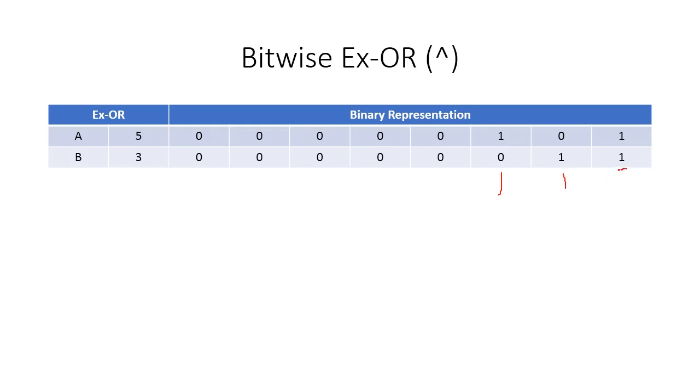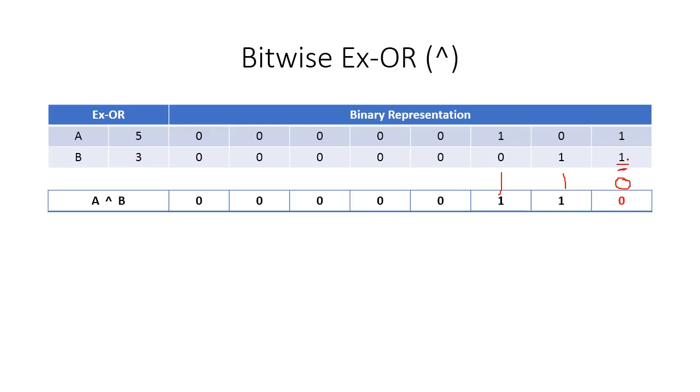Please remember here, 1 OR 1 will be 1, but 1 XOR 1 will be 0, right? 1 XOR 1 will be 0, whereas if you use bitwise OR with the pipe character, that will be 1 there. So here we should be more careful.